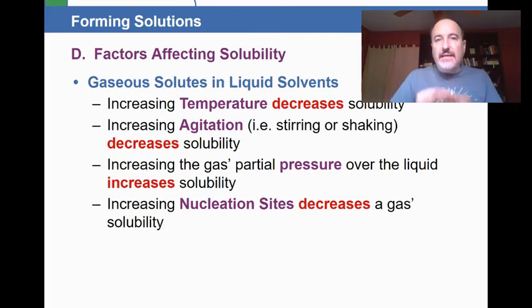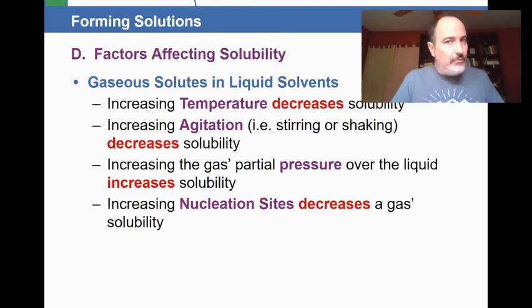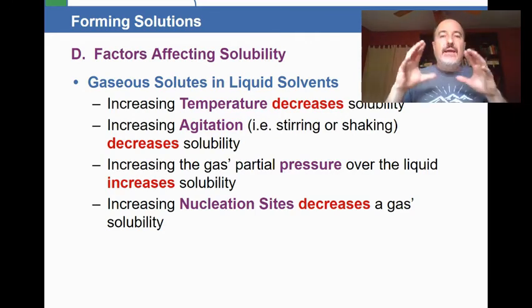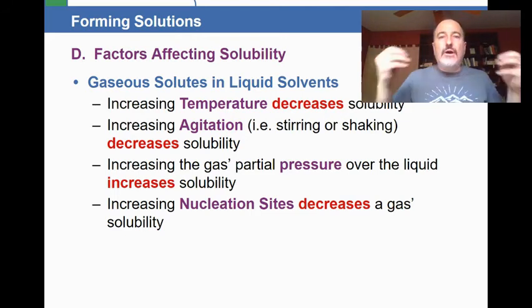And when it goes inside a soda, the little bubbles can attach to those little divots. It's a lot easier for a bubble that's already there to get bigger than for a new bubble to form. So if you're CO2 floating about in water, it's hard to form a bubble.